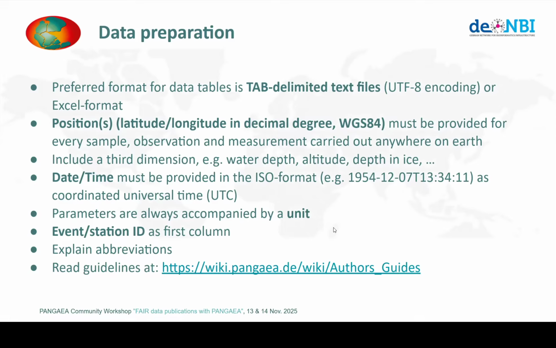Date time must be provided in ISO format and as coordinated universal time. And parameters should always have a unit. And the first column is always the event and station ID. Explain abbreviations, so what is clear to you might not be to us or anyone else using your data. And you can find the full guidelines in our wiki, in our author's guides.